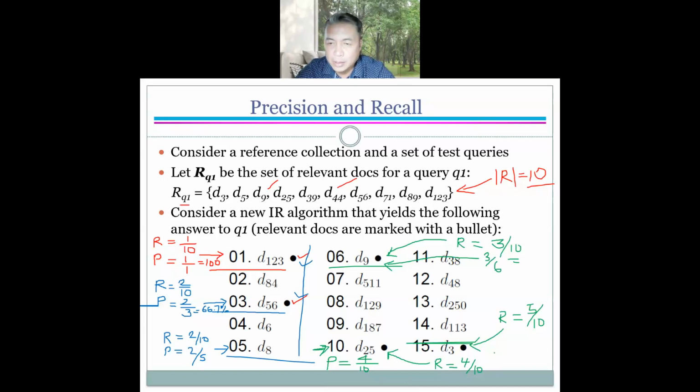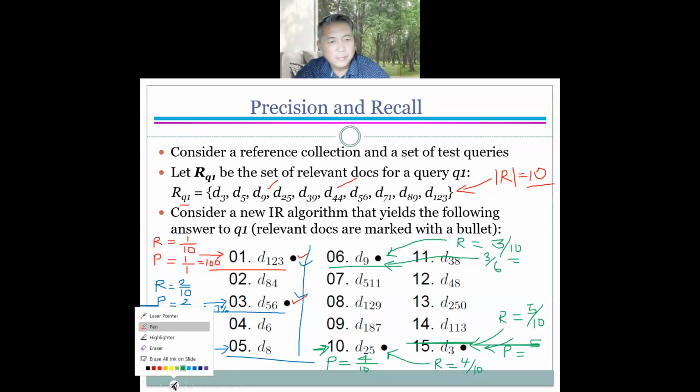Okay, what about here? How many documents do we have here? 5 over 15, so 1/3. Okay, very good.